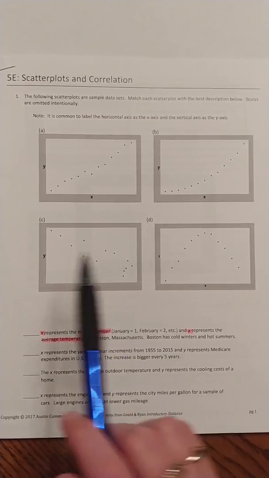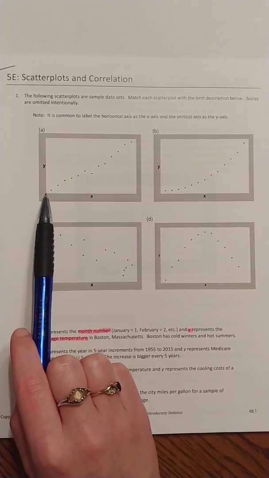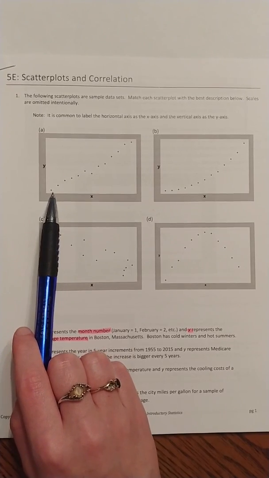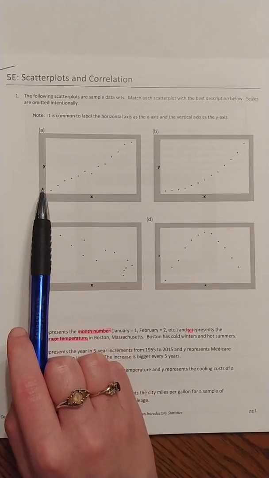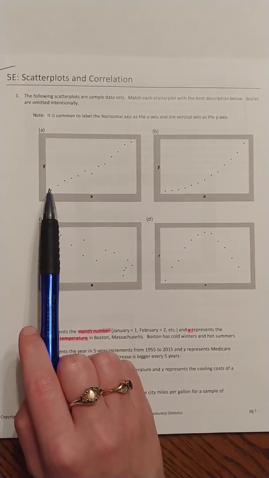If we look at, for example, the first graph, say this is when x is 1, so that's January, and our temperature is very low. That could be true, because in January in Boston, Massachusetts, you're going to have cold weather.